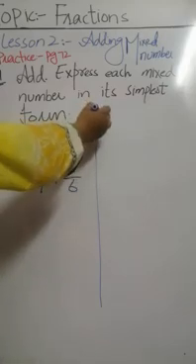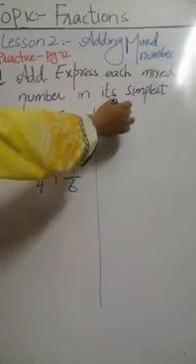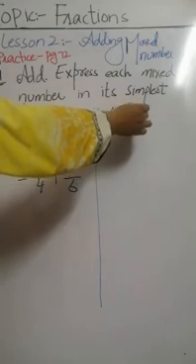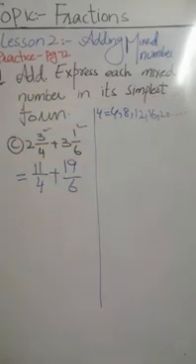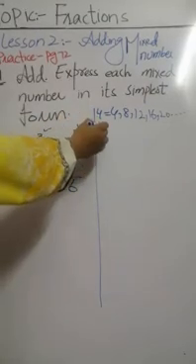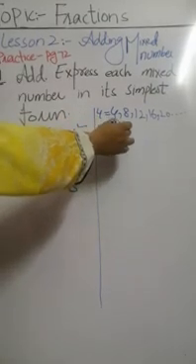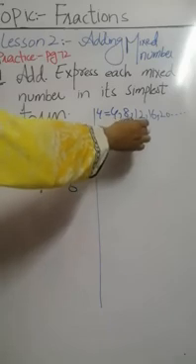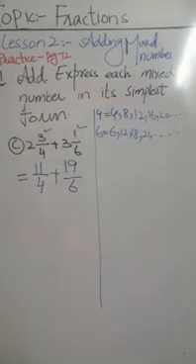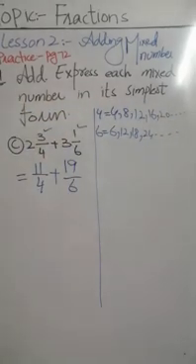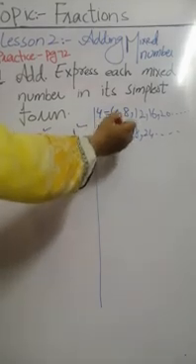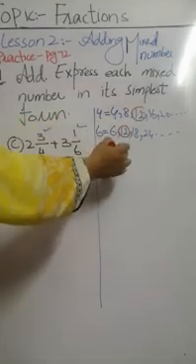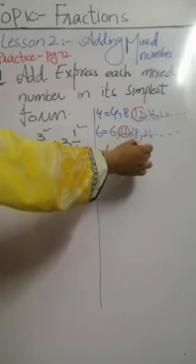So we take multiples of 4, and we take multiples of 6. Now we look for the least number that is the same in both multiples. 6, no; 12, yes. We have LCM 12.